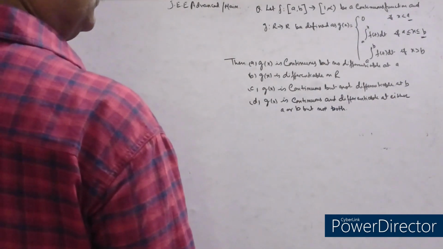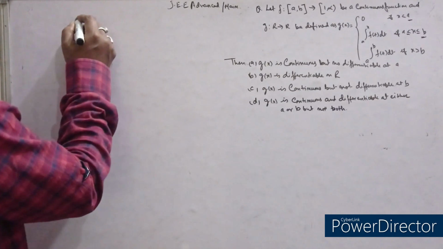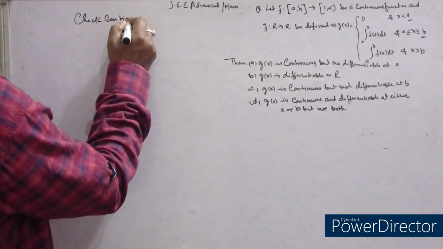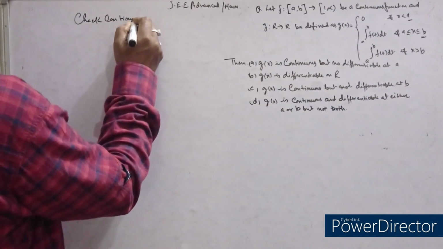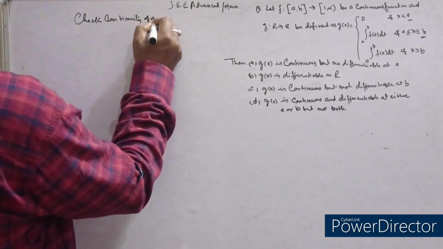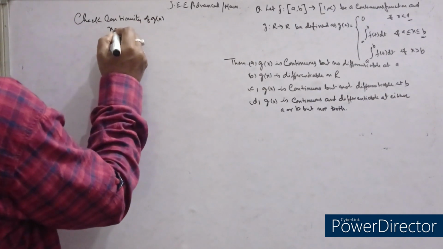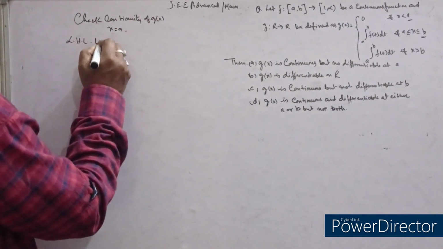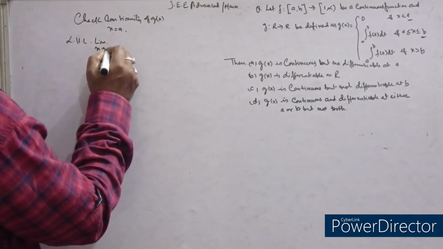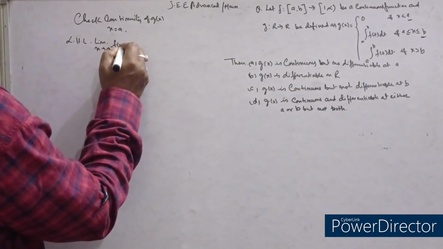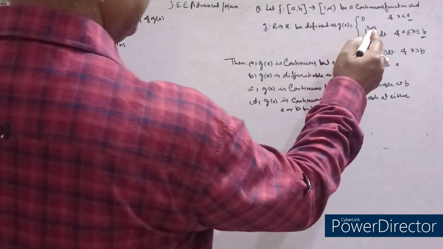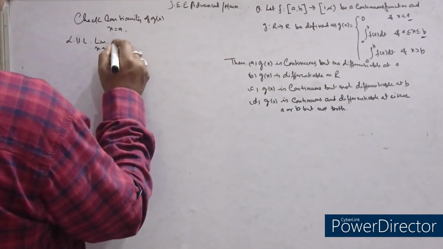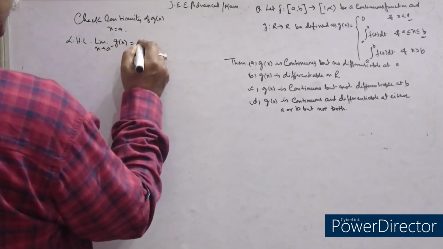So let us check the continuity of g(x) at x equal to a. Your left hand limit will be the limit as x tends to a minus of g(x), sorry, not f(x), this is g(x). This is 0.